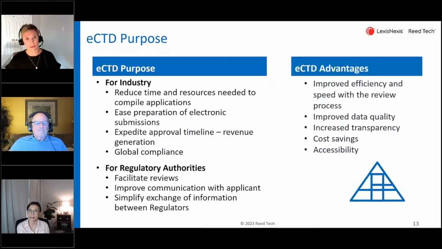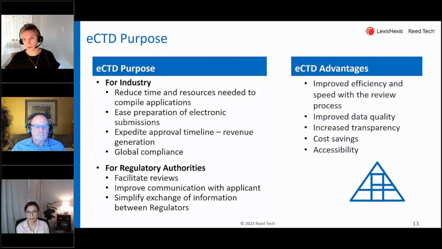So the eCTD serves several purposes, a lot of which we've just discussed, but it really comes down to, again, streamlining. And this comes from both time to market and cost savings. It really does reduce the number of resources and time on the industry side, and it does expedite the approval timeline.